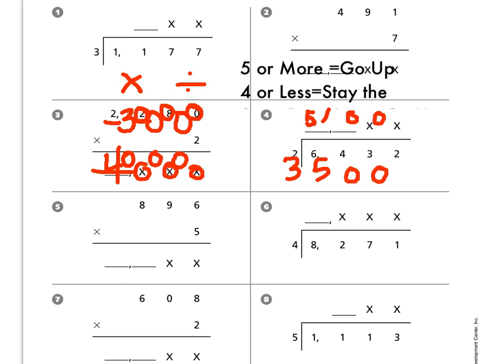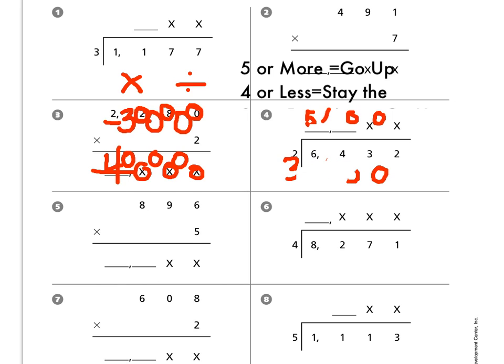Let's do the same thing over here for number 4. We need to think about the 6 and the 4. Remember, the 6 is the worker. It has to do all the heavy lifting, so much work. And the 4 is the boss. It gets to boss the 6 around. So the 4 is 4 or less, so it's telling the 6 that it needs to stay the same.